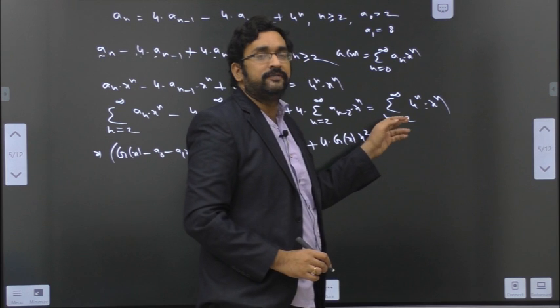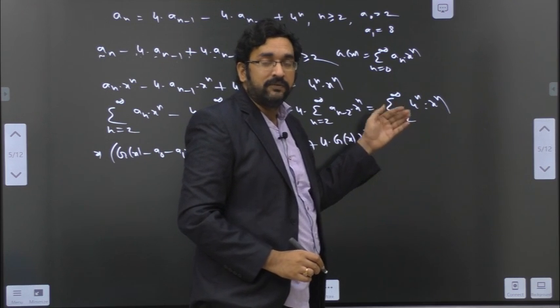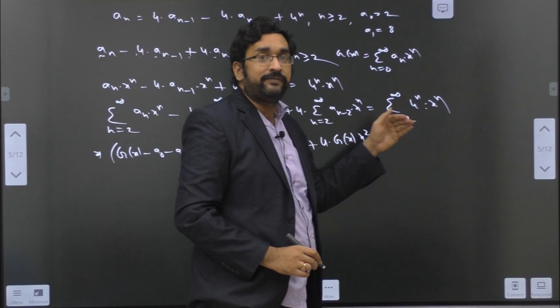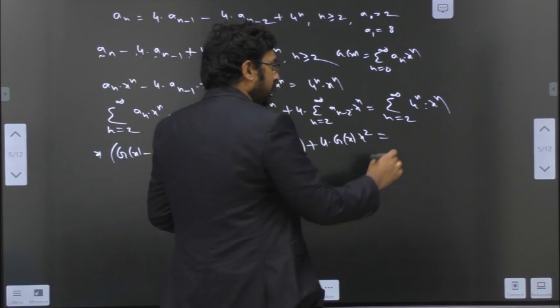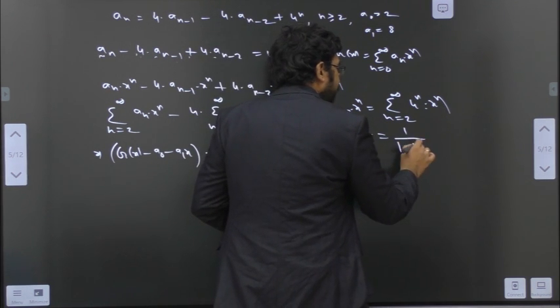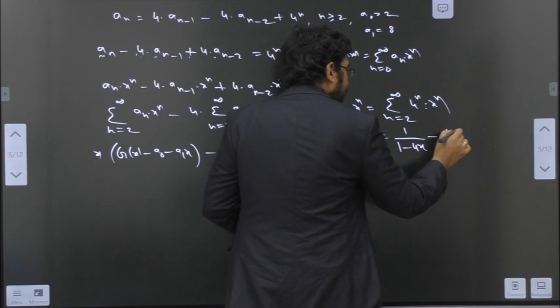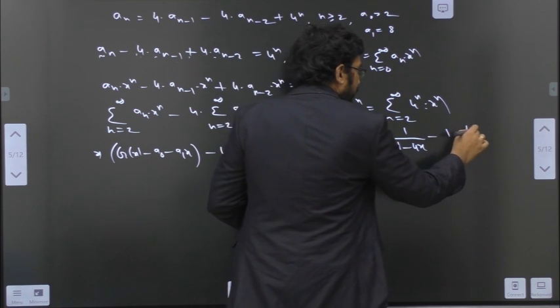Here summation is starting from 2 to infinity. That means from the given formula we have to subtract the first two terms. So we can write as 1 by 1 minus 4x minus 1 minus 4x.